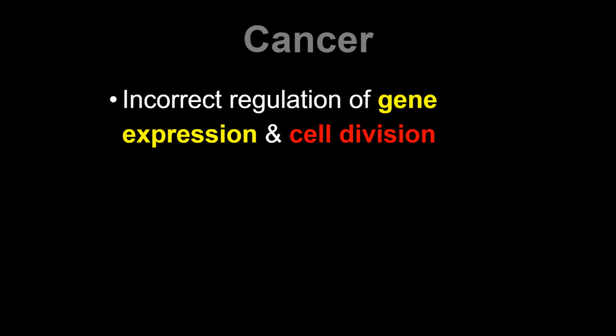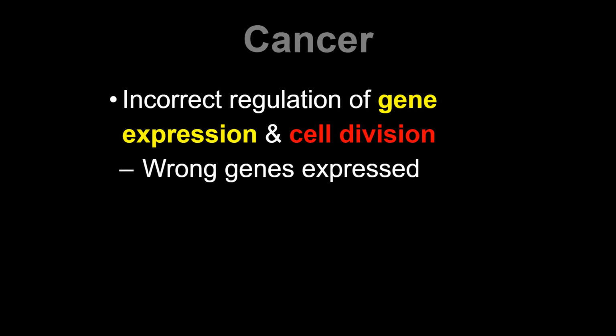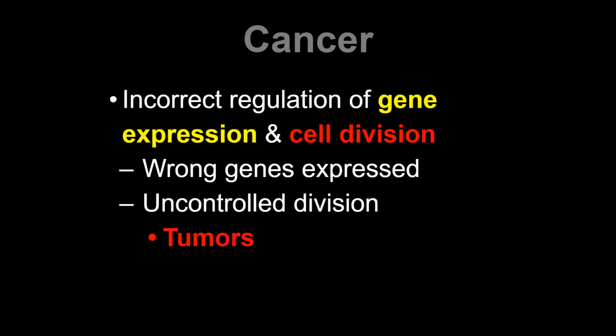Cancer happens when certain genes and cell division are incorrectly regulated, and so they get out of control. So in cancer, the wrong genes are expressed, or they're expressed too much, and it causes uncontrolled division of those cells. And we call those tumors.